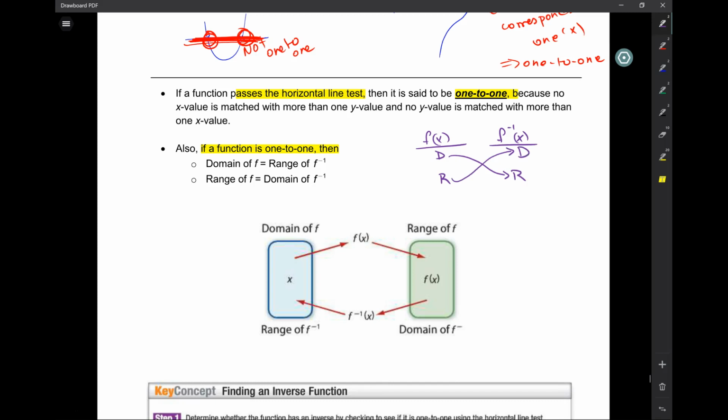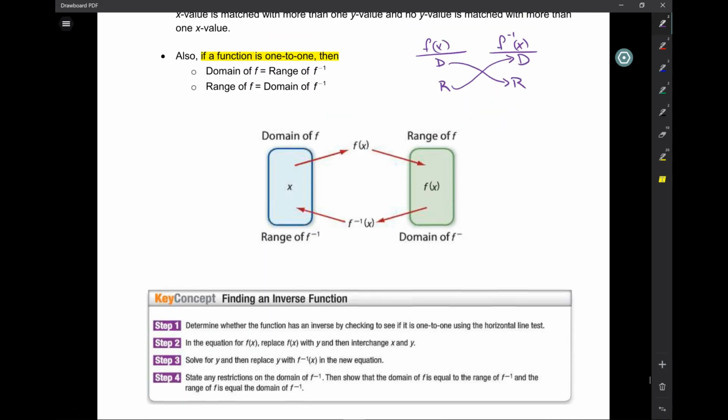Did we do this when we were doing inverse sine functions? Yeah, we did, remember? Negative pi over 2 to pi over 2 used to be on the x-axis, then for the inverse, it was on the y-axis, right? And 1 to negative 1 was on the x-axis. So between a function and its inverse, the domain and range will swap.